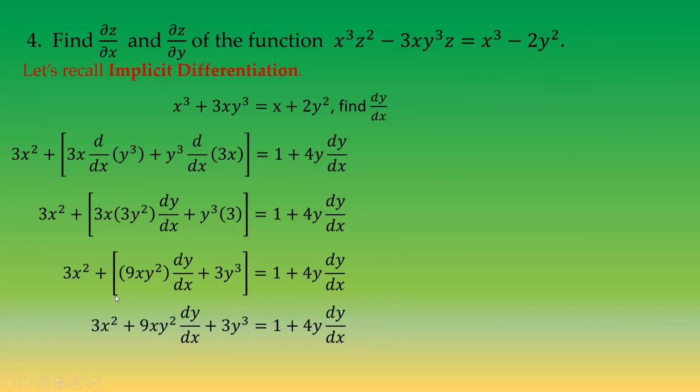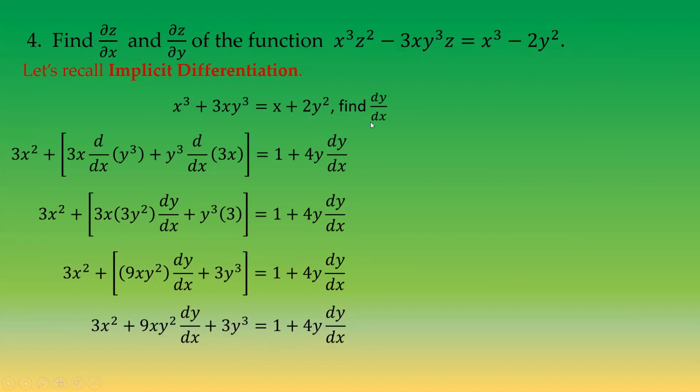Then, ayusin pa natin, removing grouping symbol, we have 3x squared plus 9xy squared dy over dx plus 3y cubed equals 1 plus 4y dy over dx. So, paano gagawin? Itong may dy over dx ay kailangan mong ilipat doon sa kabilang side na equation. So, transpose dapat yan.